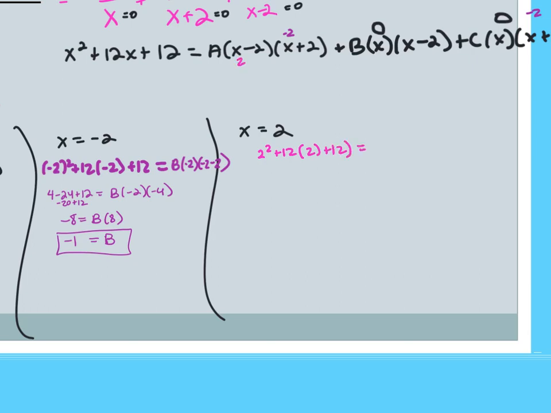If I plug in 2 in the A, it's gone. I plug in 2 in the B, it's gone, which means there's only C.